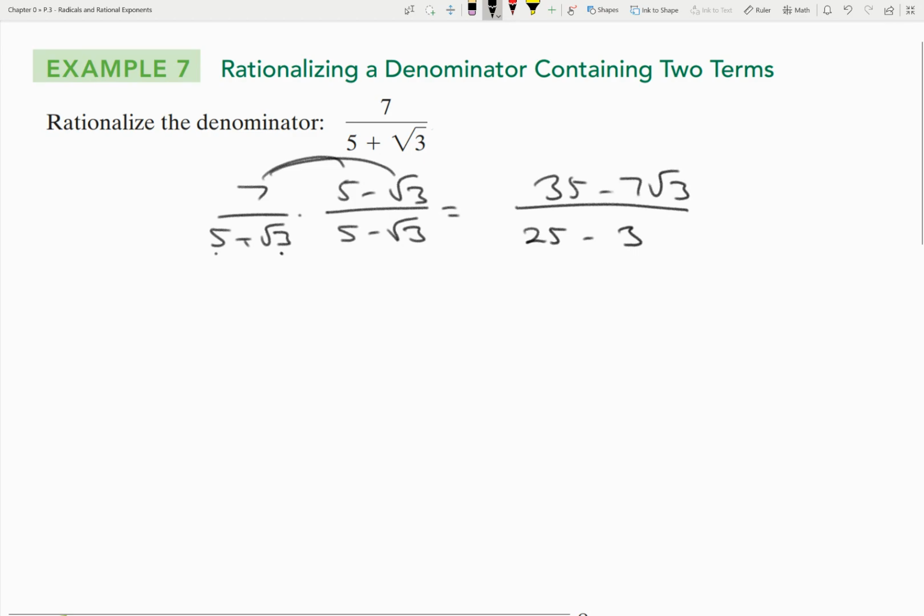And now it's just a matter of simplifying the two terms. So we have 35 minus 7 square root 3 over 22. Nothing there that I can cancel, nothing that can reduce, so that is simplified.